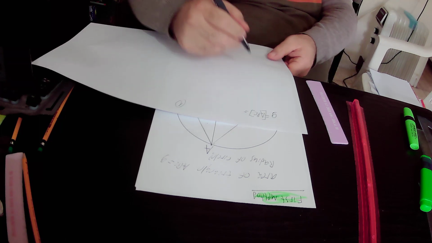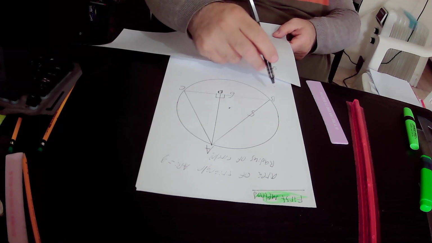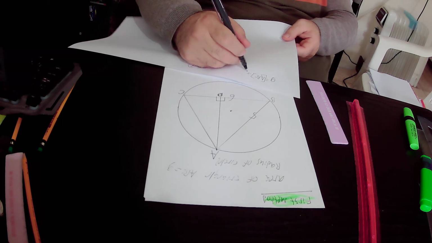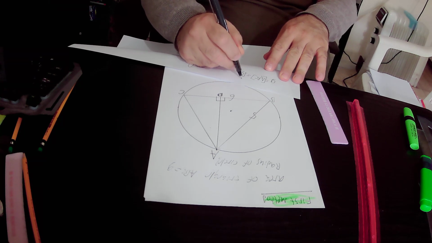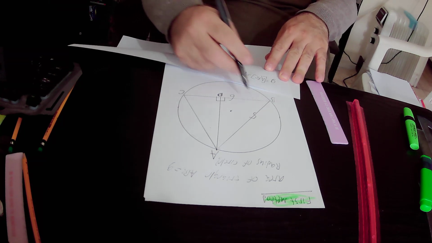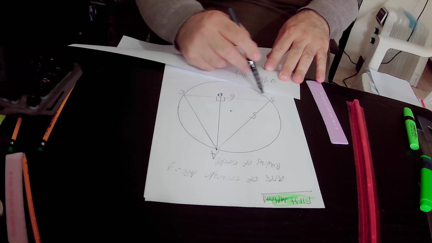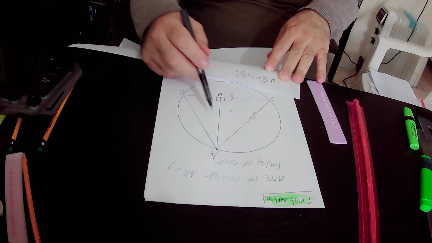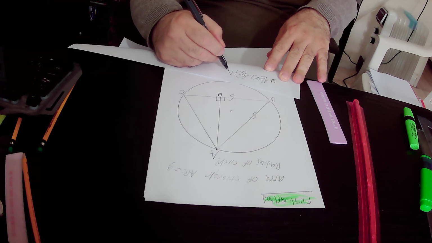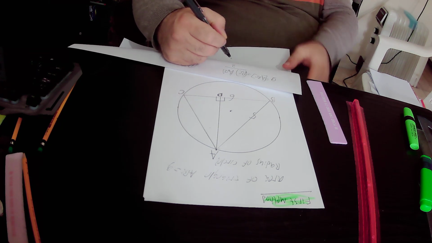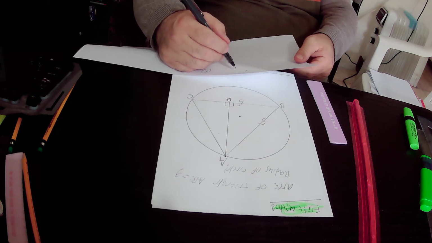But the area of any triangle is equal to the base of the triangle, in this case BC, times the height to the base, over 2. The height to the base must create 90 degrees with the base. So here AD creates 90 degrees with the base, therefore the height to the base is AD. So the area of triangle ABC equals BC times AD over 2.